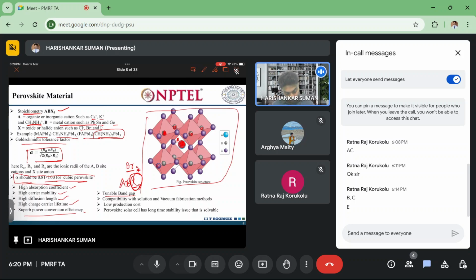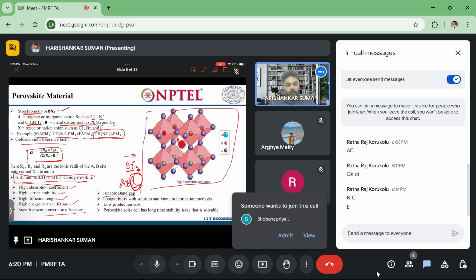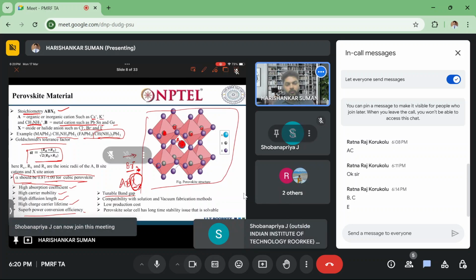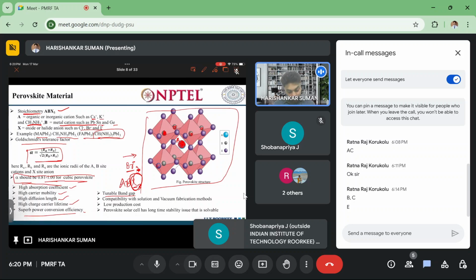A small halogen gives a larger band gap, and if we move to a heavier anion, the band gap will reduce. So we can tune the band gap.